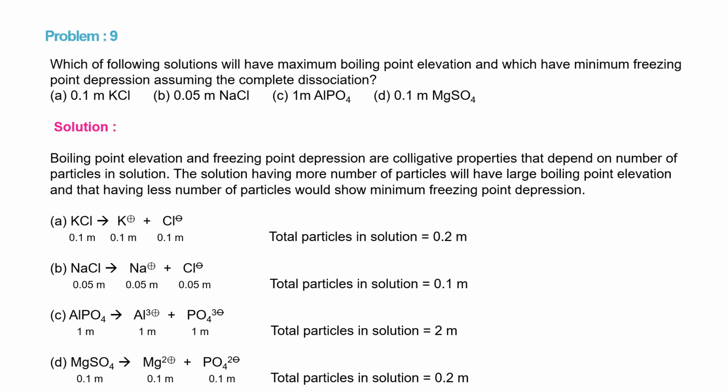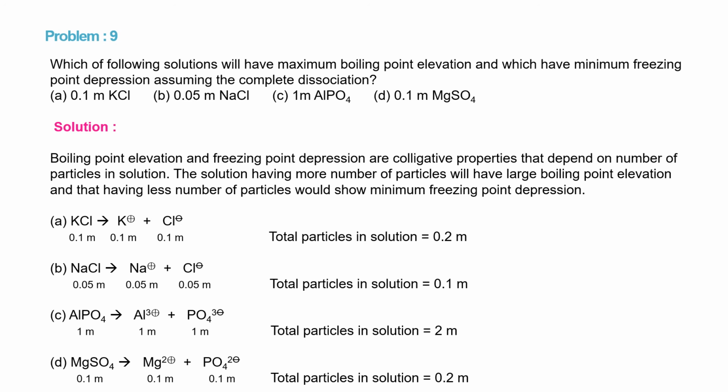Now see, boiling point elevation and freezing point depression are all colligative properties, which depend upon the number of particles in solution. The solution having more particles will have a large boiling point elevation, and that having fewer particles will show the minimum freezing point depression. Now we see KCl.